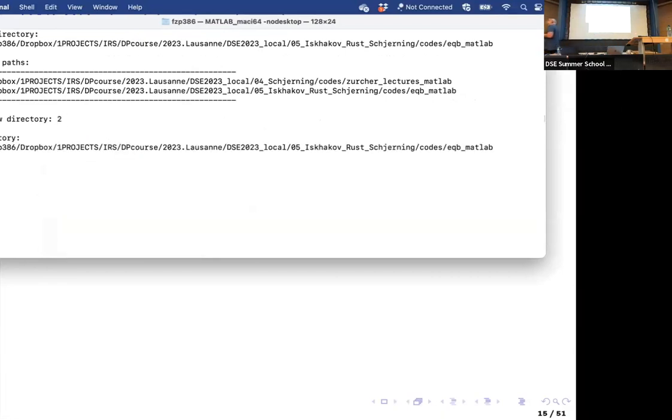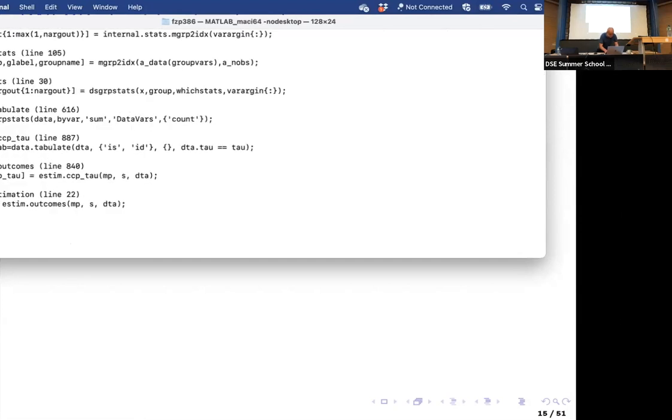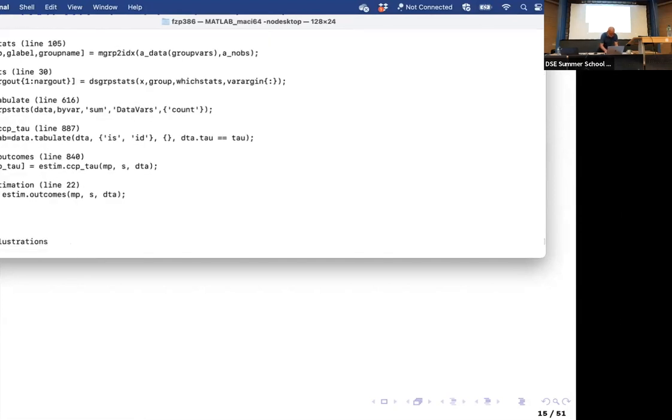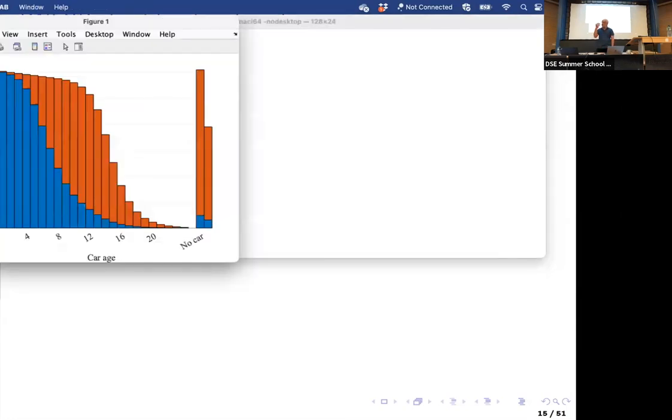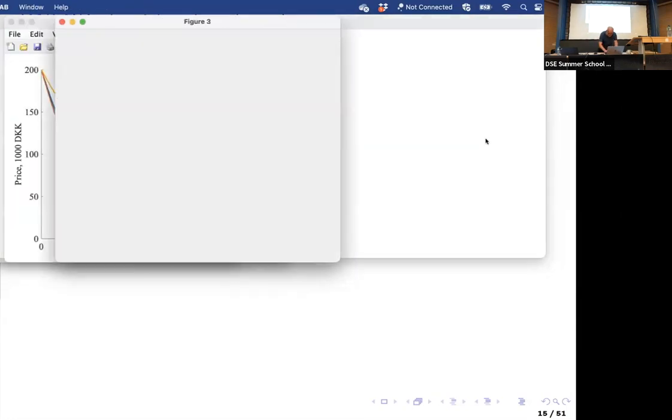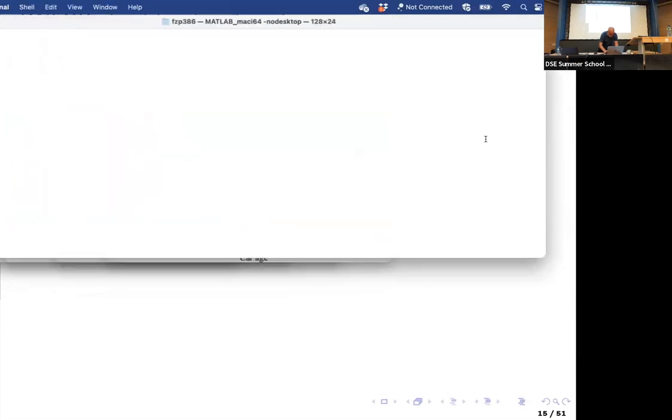One file is called run illustrations, which just replicates some of the figures you will see Fedor showing. It solves the model. That's the entry point if you want to learn about that code. Then you try to solve the model before you estimate it. And then there's something called run estimation.